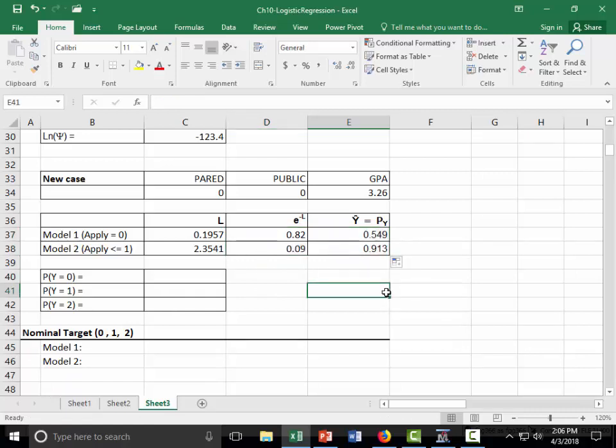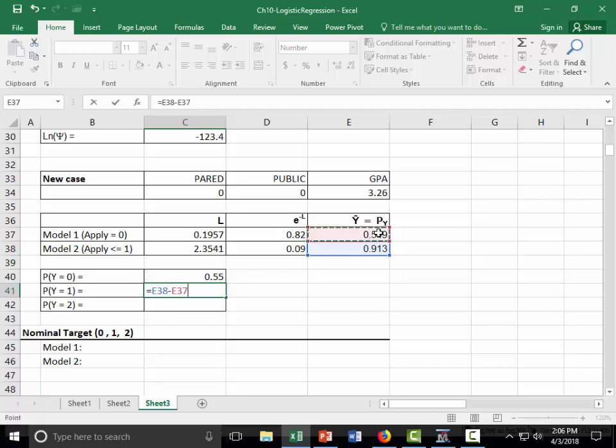Okay. So now we have everything we need to find the probabilities. Probability of y equal to 0 is just that, because that's what model 1 is. Now probability y equal to 1 will be that minus that, because the second one is the probability of y less than or equal to 1, so that covers both 0 and 1. So we take away the probability of 0, so what we are left with is probability of y equal to 1.